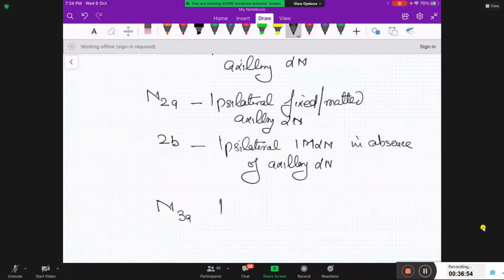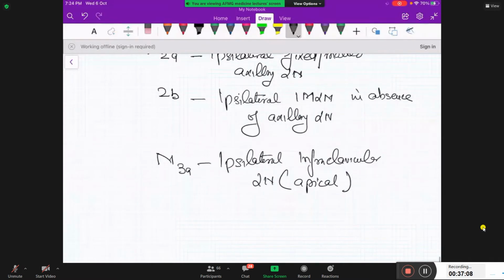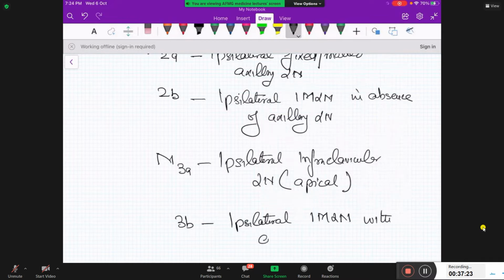And 3A is ipsilateral infraclavicular lymph node, that is apical lymph node. And 3B is ipsilateral internal mammary lymph node with axillary lymph node.